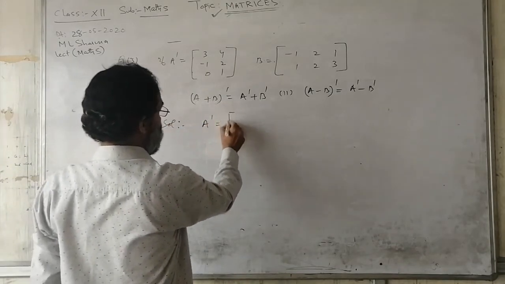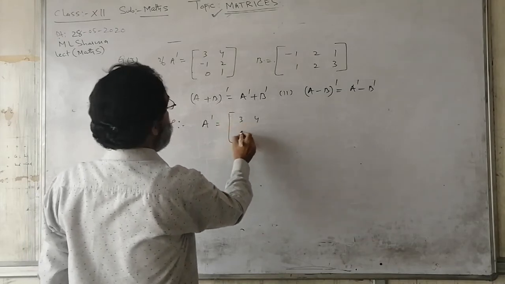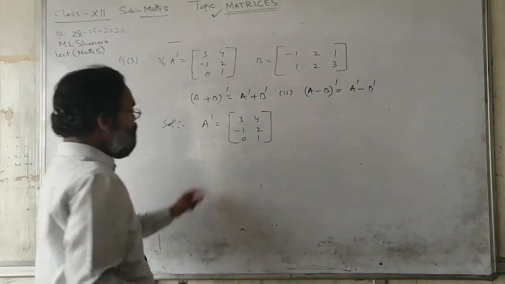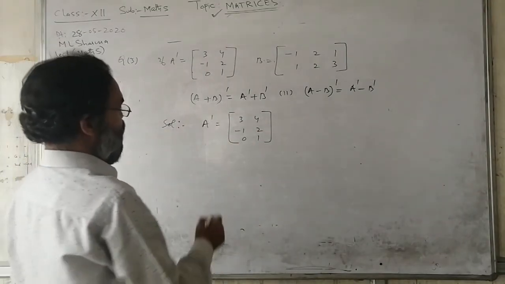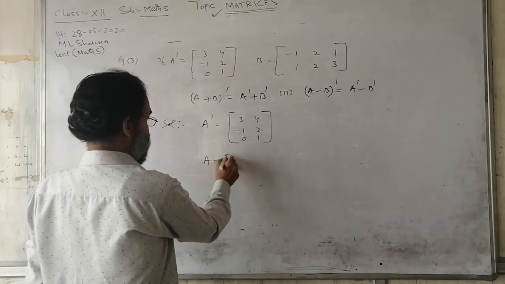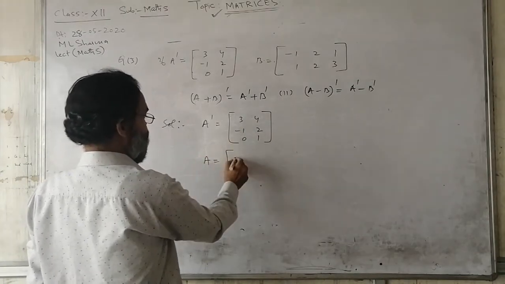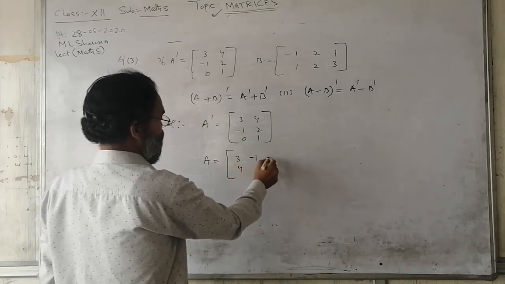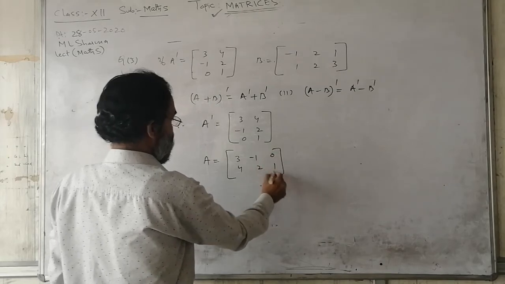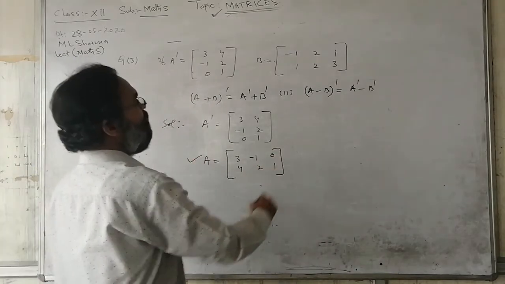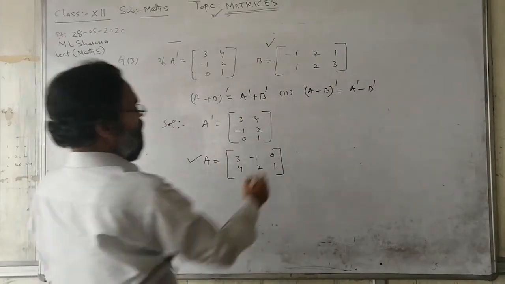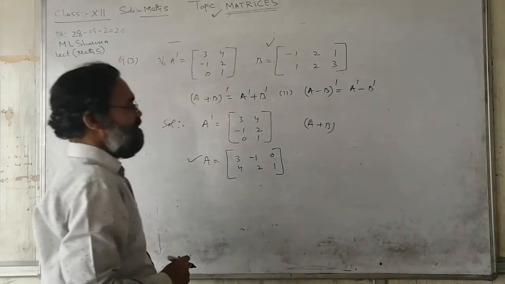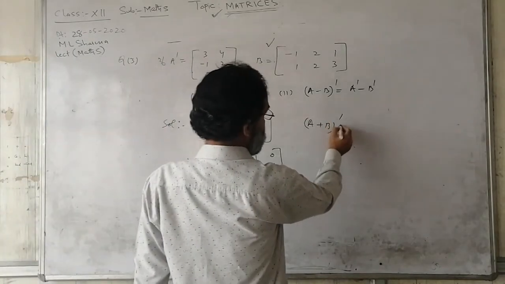A transpose is given to you and its elements are... If I have to find the value of the A matrix, so the value of A will be this. Now A is known to you, B is known to you. You can add A plus B, and after adding A plus B, find its transpose.